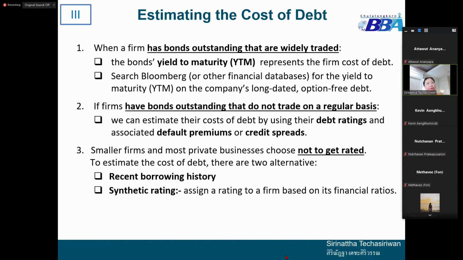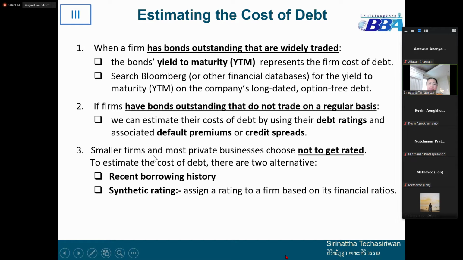For example, if your company to analyze is rated triple B minus, but the debt is not actively traded, you look at some other company with a triple B minus rated bond, the same time to maturity, and you take the yield of that company's triple B minus rated bond to reflect the cost of debt of the company that you analyze. So this is the second scenario.